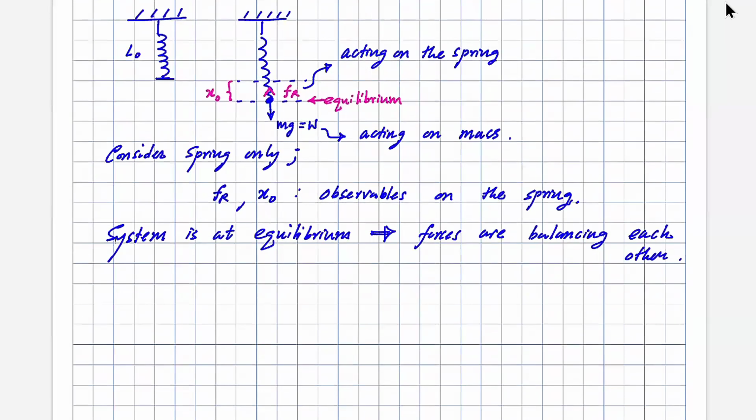Because of that situation, you can say Fr, restoring force, is proportional to minus x0.